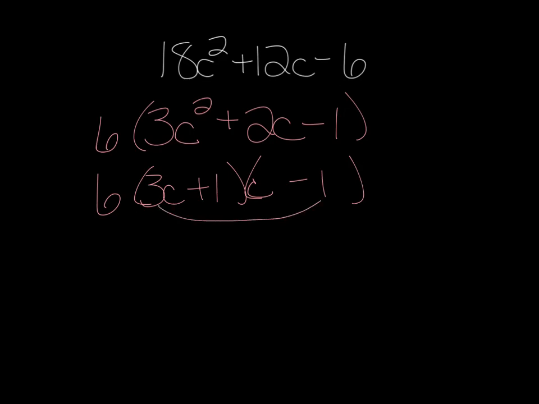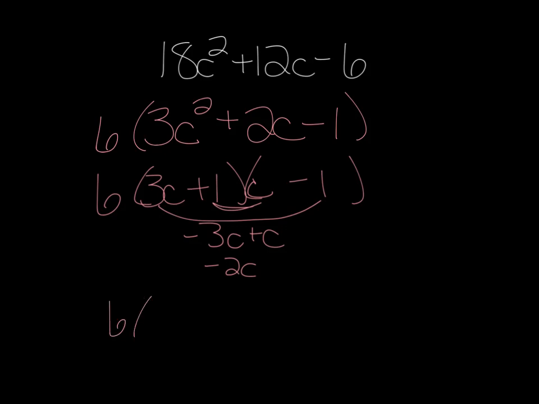If I check my outer, I get negative 3c, right? 3c times negative 1 is negative 3c. My inner is c, and I get a negative 2c. Notice that what I got was the opposite of what I need. When that happens, all you have to do is swap your signs.